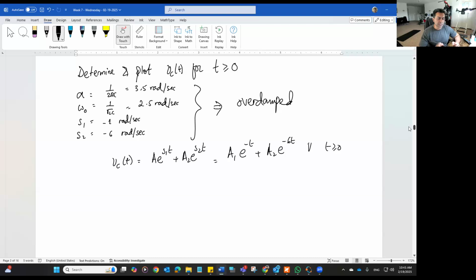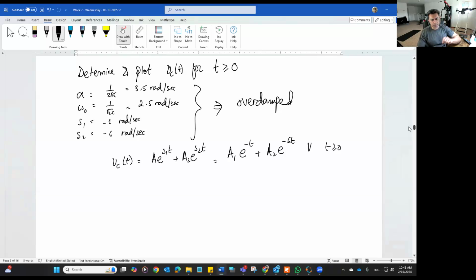That is, when we are plotting this response, what time constant should we take in order to plot it? You're going to take -1, because the time constant corresponding to -6 would be 1/6, which is smaller than 1.